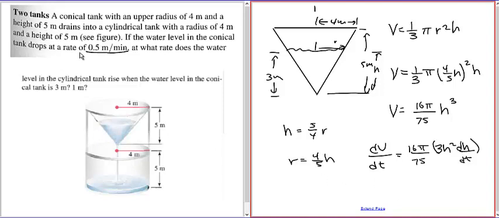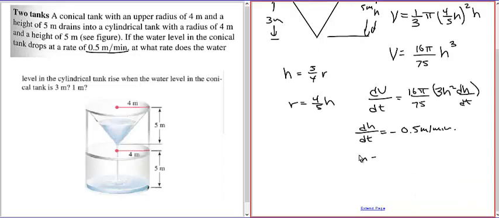It says dh/dt is 0.5 meters per minute, but it actually is negative because the height is getting smaller, so it's negative 0.5 meters per minute. And h, we already know what that is. H is 3, right? Water in the conical tank is 3 meters. So that's h.